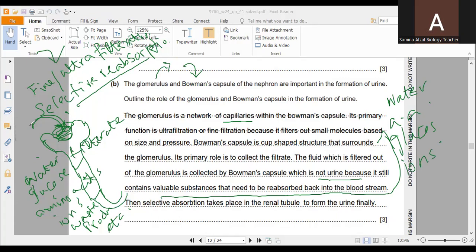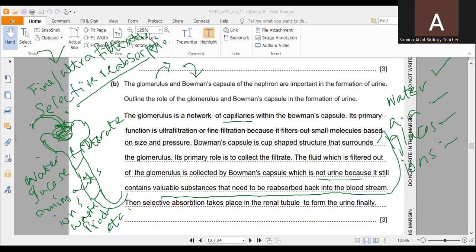So selective reabsorption will take place. If the water potential is low, most of the water will be reabsorbed and less water will be excreted. Amino acids will be reabsorbed, and glucose will be reabsorbed. The ions which are needed by the body will also be reabsorbed into the blood through the collecting duct.